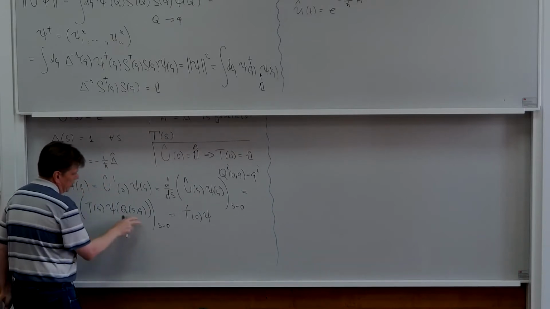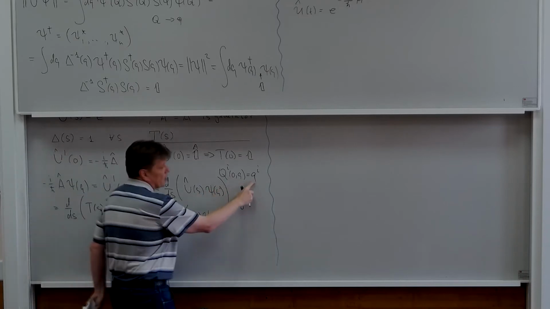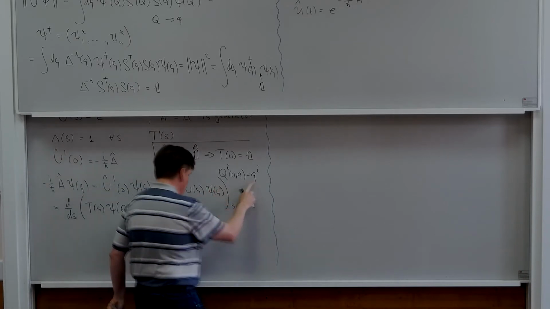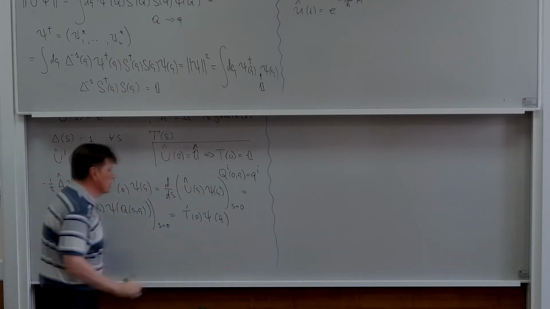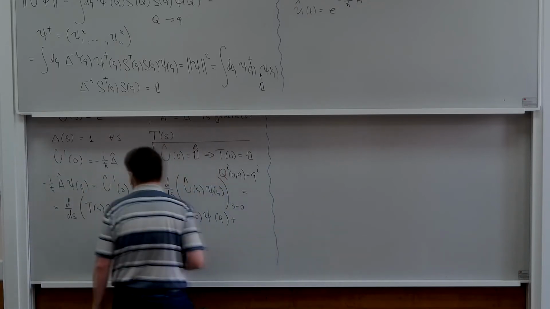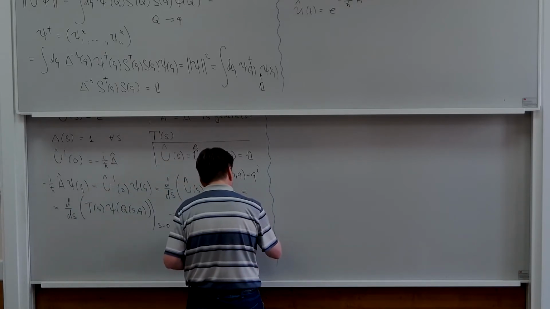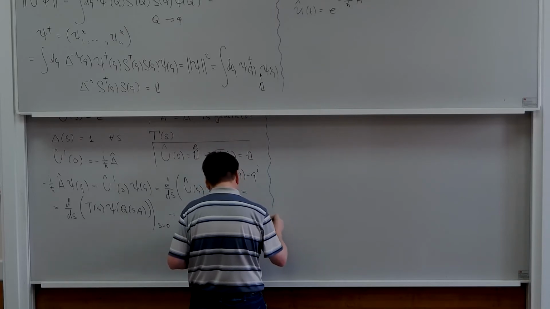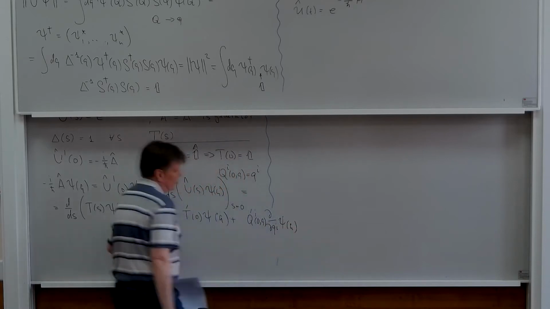Remember that at s equal to 0, Q of 0 is given by q small, so I can write this as psi of q small plus the second term, which is given by Q i prime of 0 of q, d dq i of psi of q.